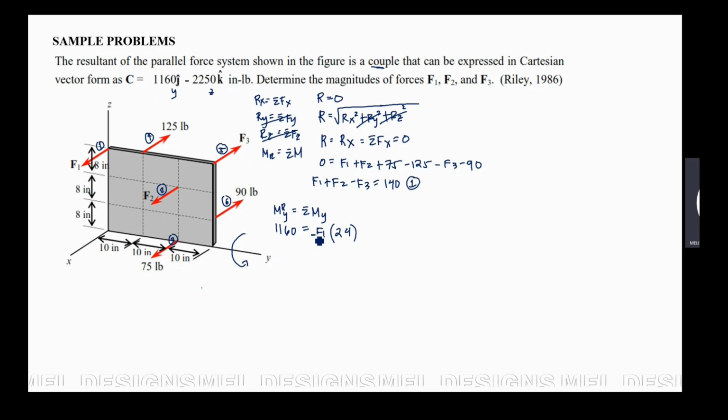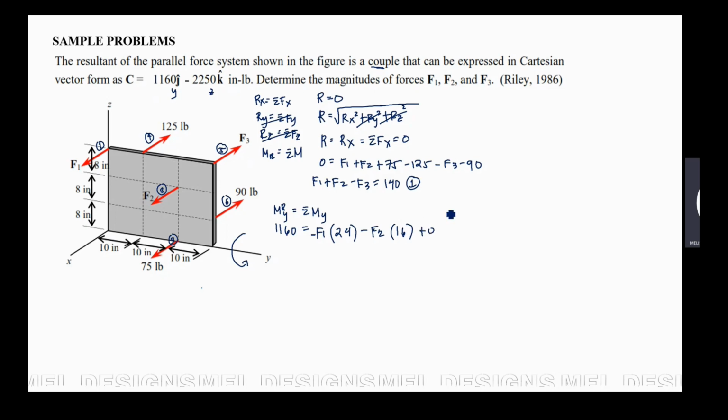Sorry, negative counterclockwise. Okay. Next, dito F2 minus F2 multiplied by 16. Okay, and then yung 75 natin, there is no any distance perpendicular to our y-axis. Therefore, it is 0. Okay, so ilagay na natin plus 0.